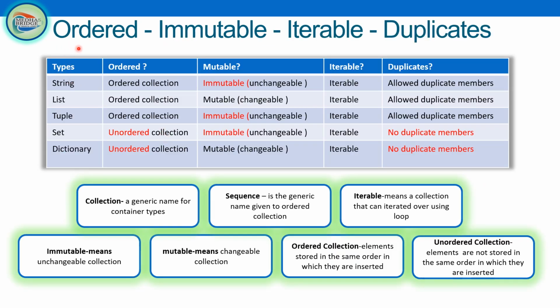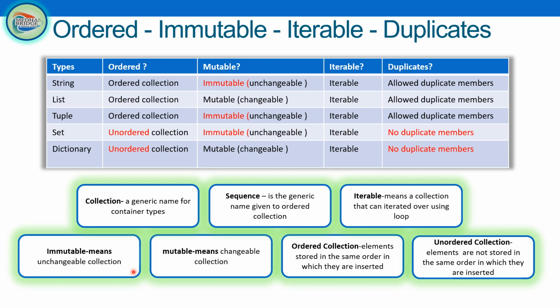Let us look into ordered, immutable, iterable, duplicates. Collections are a generic name for container types. Sequence is a generic name given to ordered collection. Iterable means a collection that can be iterated over using a loop.